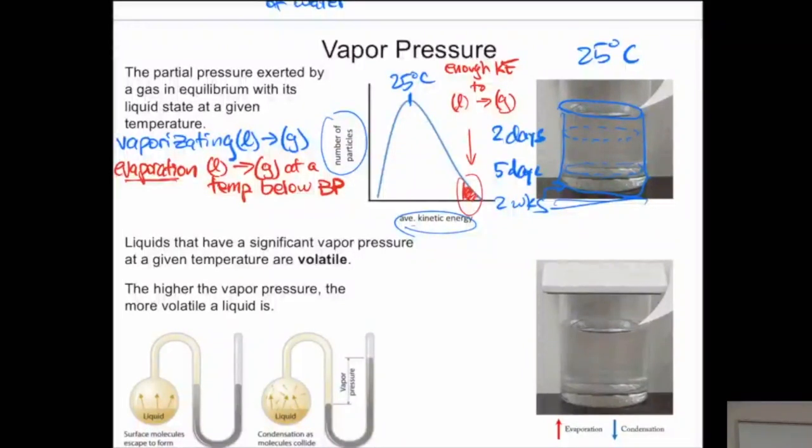But let's put a cap on here. So when they do escape into the gas phase, they can't go off into the atmosphere. They stay trapped. So now we have a slightly different situation.